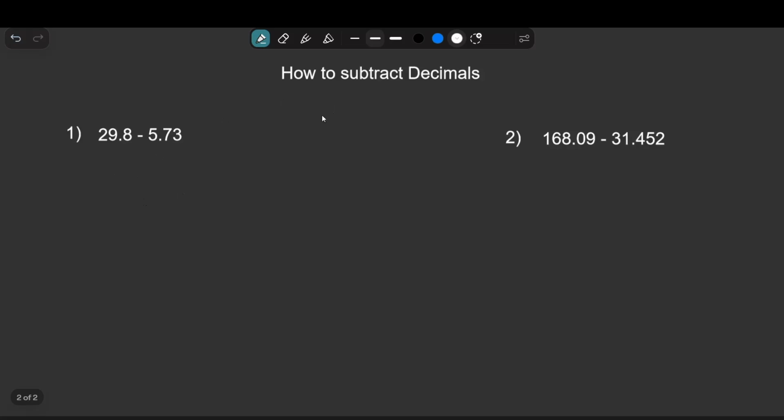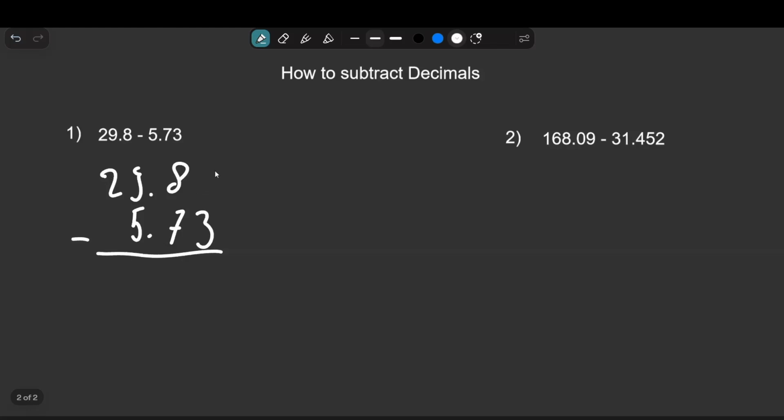So, just like adding decimals, we have to put the two numbers below each other. So, 29.8 and 5.73. It looks like it's not lined up properly because there's some space here, and this one goes further than this one.